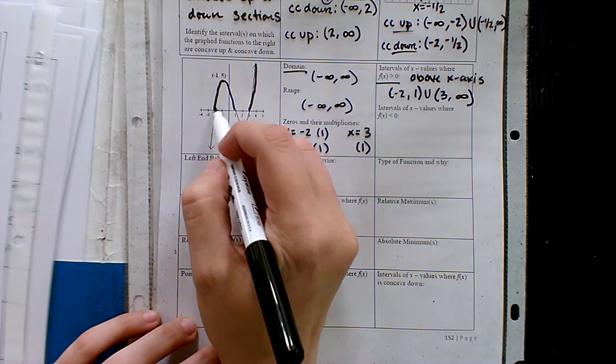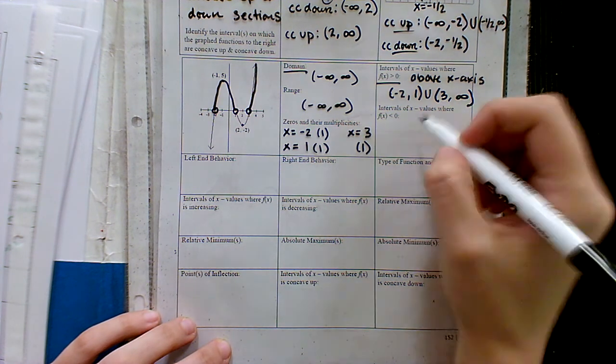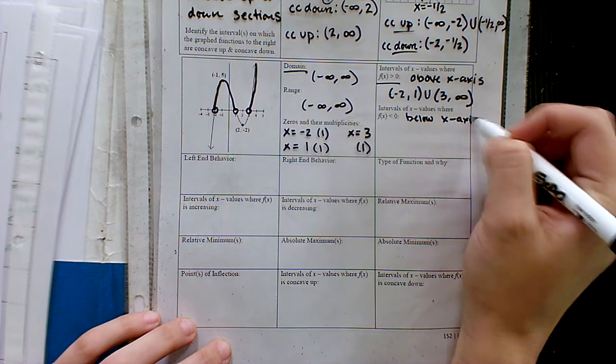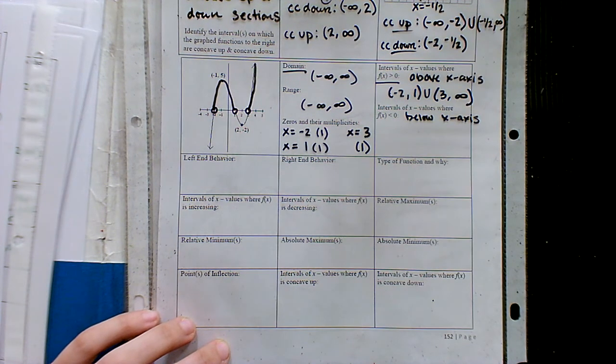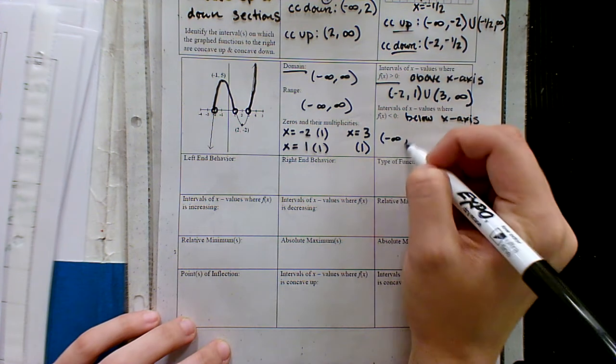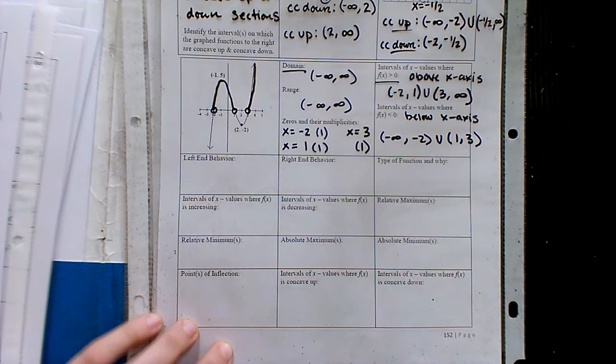We cannot count the x-intercepts because we're on the x-axis at those spots, and we strictly just want to be above. So parentheses, we cannot include those. The next one, very similar. We're just going to find where we are below the x-axis. So based off the graph, that's kind of the other intervals that we haven't listed yet. -infinity to -2, and then 1 to 3.